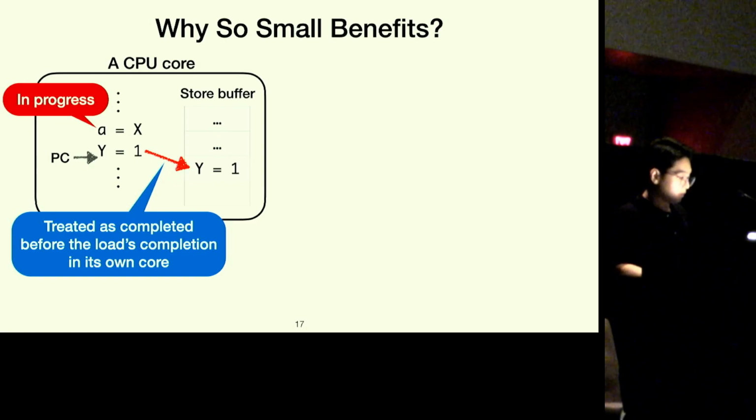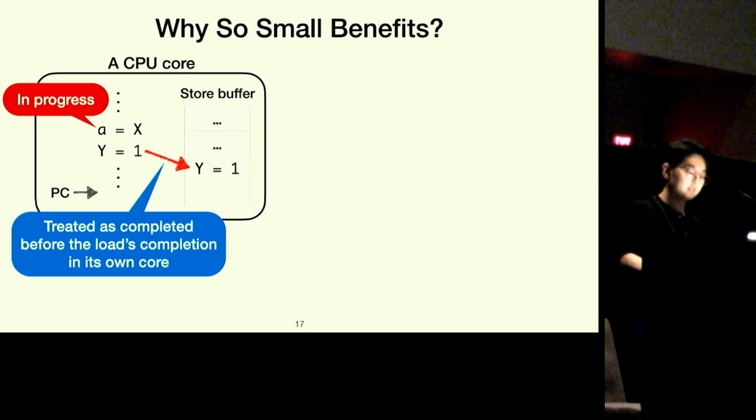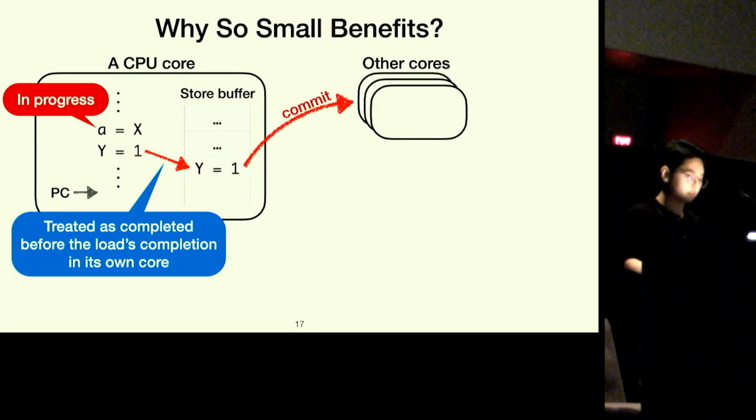Therefore, the core may execute the later instructions, and the store in the buffer will not block any further execution. At some point, the store will be committed and become visible to other cores. There are 2 approaches to when to commit the store.